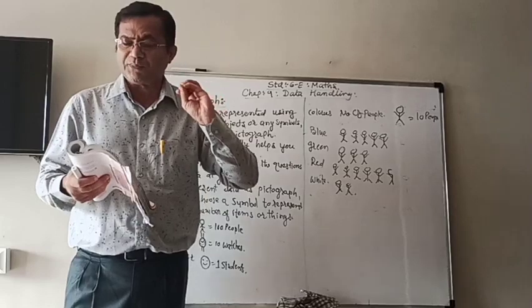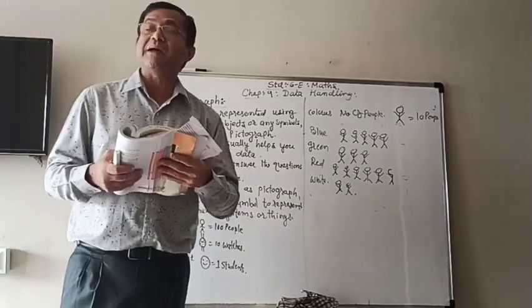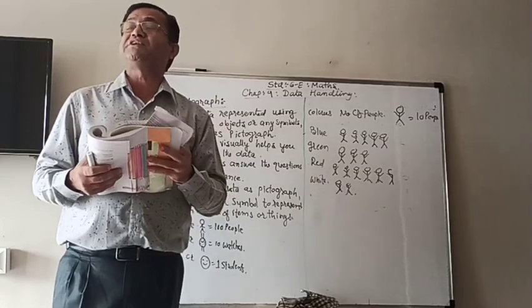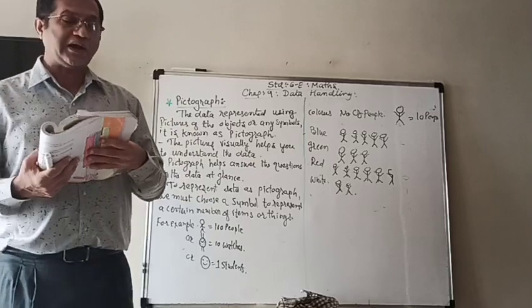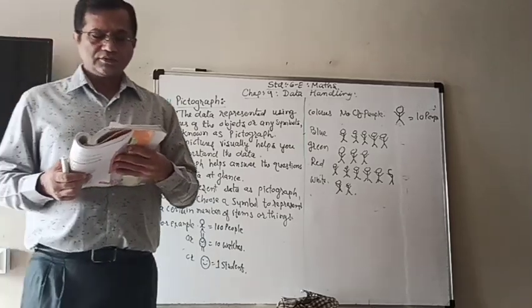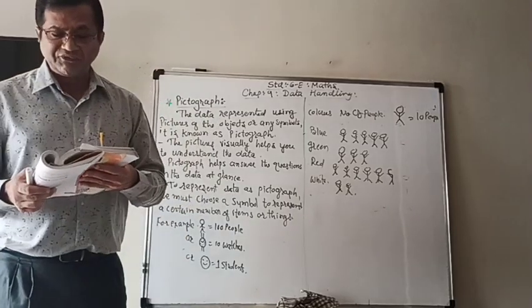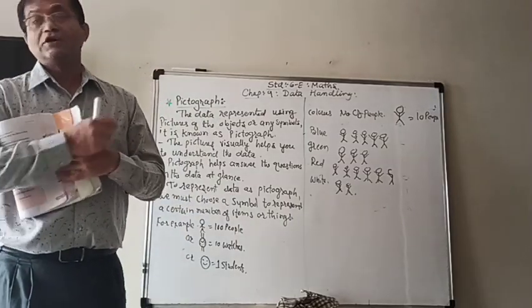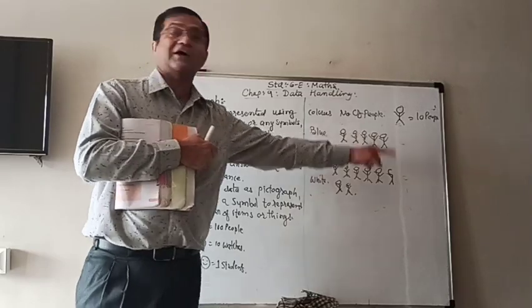The choice of colors, the color of fridges preferred by people, the color of the fridges that they like, is given in the locality. So now question number 1 is: find the number of people preferring blue color. You can see that in blue color how many are there? 1, 2, 3, 4 and 5.